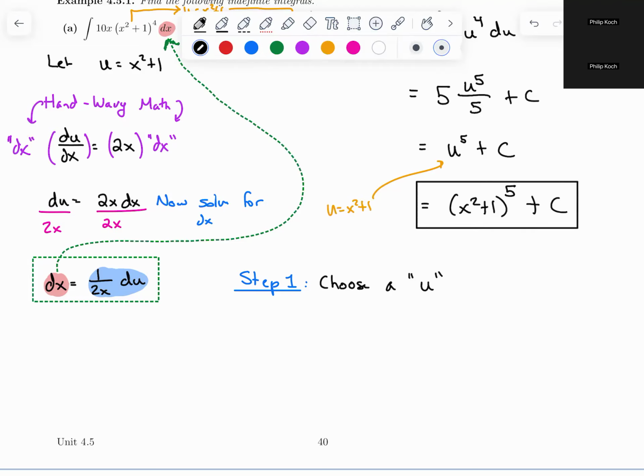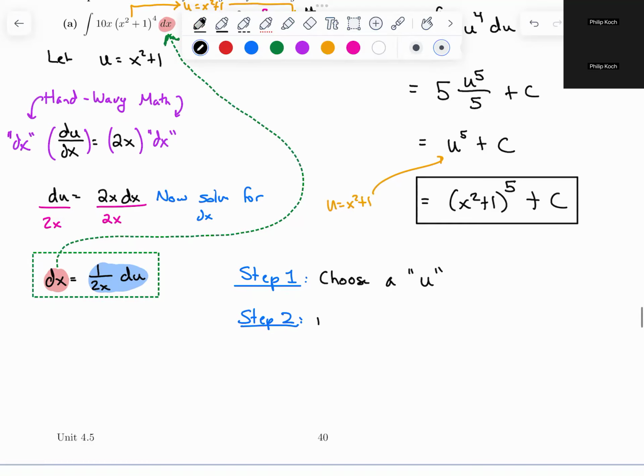Then what you're going to do, step 2, is find du equals blank dx and solve for dx. Step 3. So, step 2, technically speaking, we always skip writing the multiplying by dx because it's always going to happen.